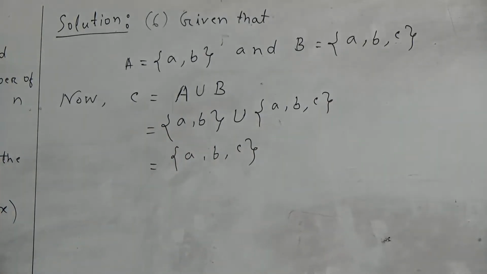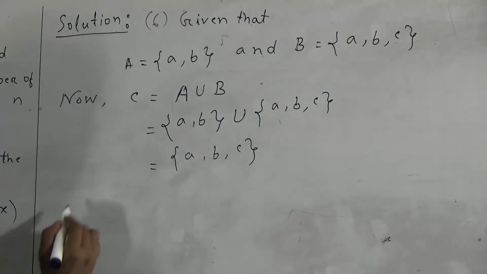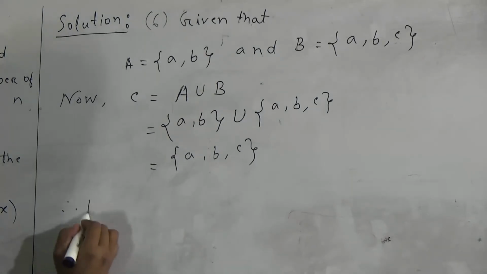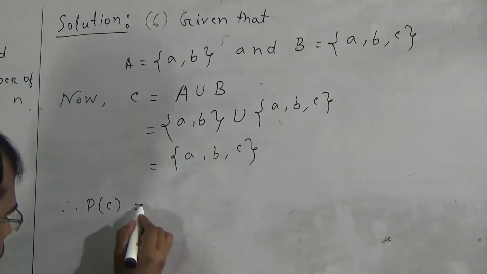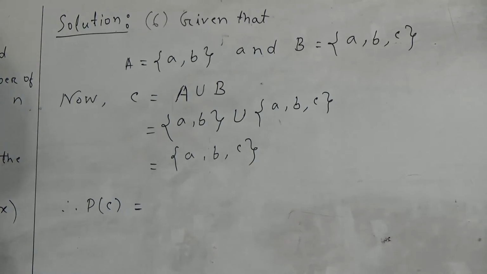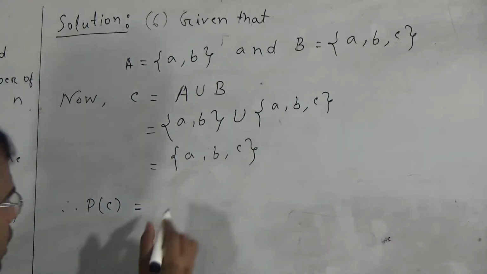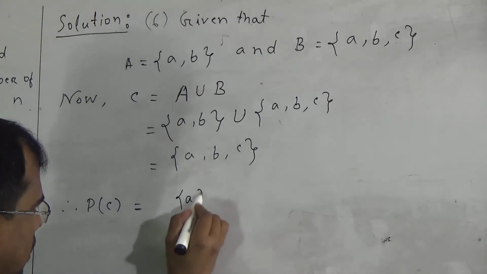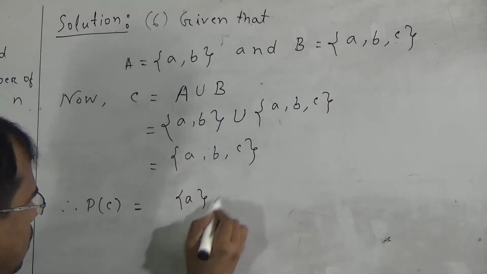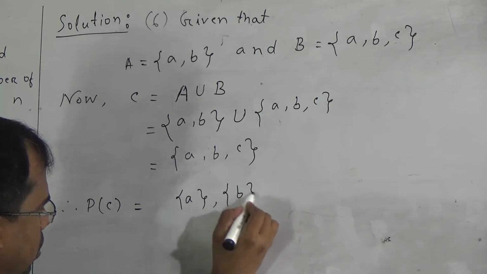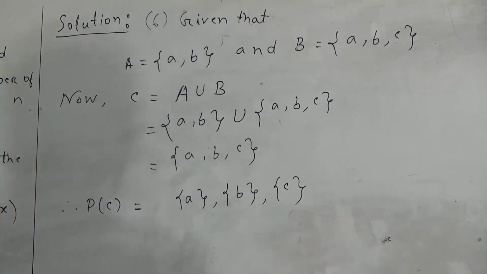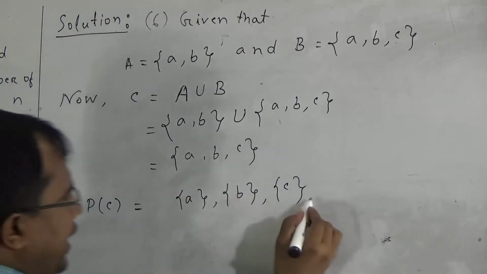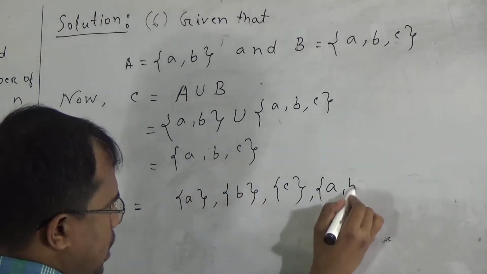Now we can find out the power set of C. Therefore, the power set of C is equal to, we'll write the subsets of this set. Here, if we take only a, it is a subset of C. Taking only b, this is also a subset of C. Taking only c, this is also a subset of C. Now we'll take two elements. Taking a and b, we can get another subset.